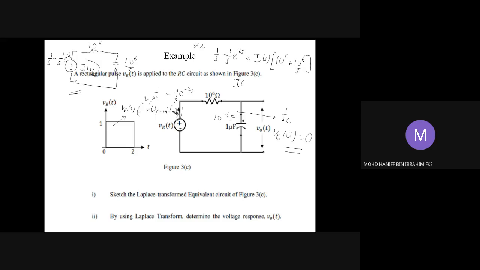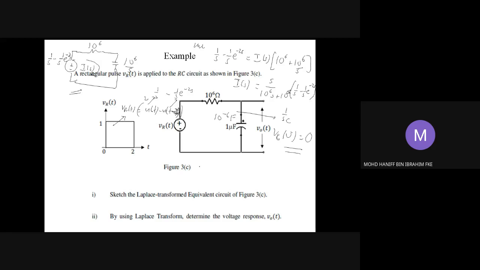So I(s) shall be equal to S divided by 10 power of 6 S plus 10 power of 6, sorry, it's 6 over here, multiplied with 1 over S minus 1 over S exponential negative 2S. Hopefully it's clear. So that should be your I(s).